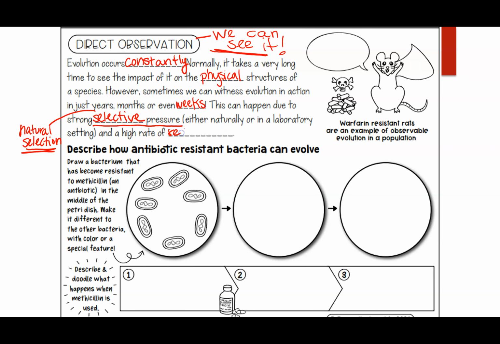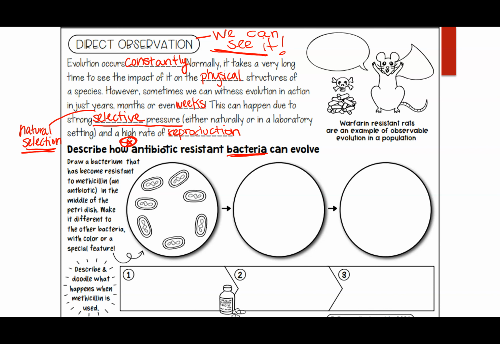So you got to have a lot of babies for this to happen. Okay? So one example with this would be bacteria. All right, antibiotic resistance is a great example of direct observation of evolution. So that's what we're taking a look at here.